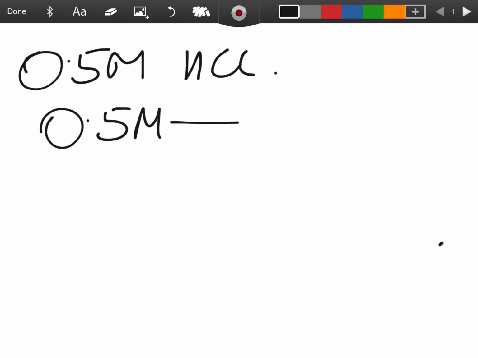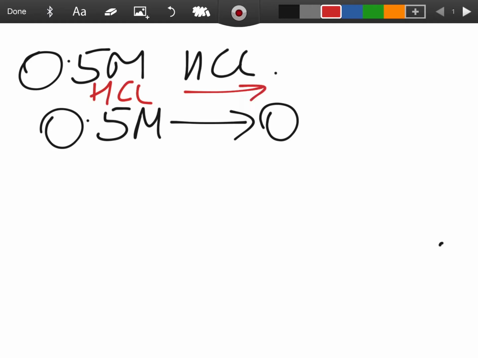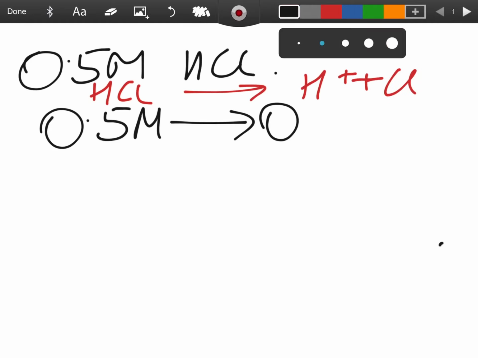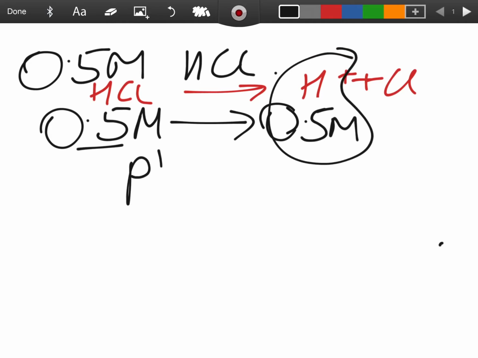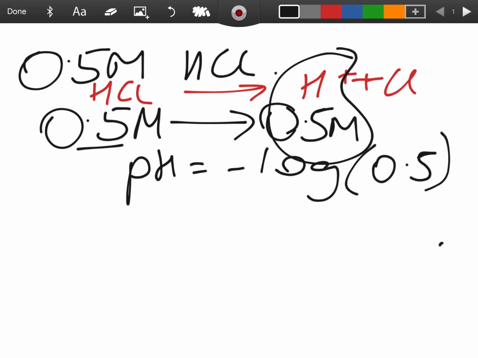Strong acids fully dissociate, so HCl gives H plus and Cl minus, and if you've got a 0.5 molar HCl, then you're going to have 0.5 moles of H plus ions. Then all you do is you fill that into your pH formula, 0.5 molar, and you get a 0.3 pH value for that.